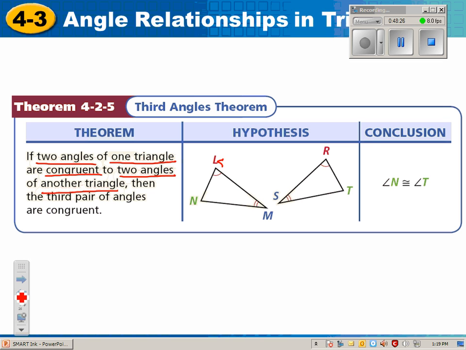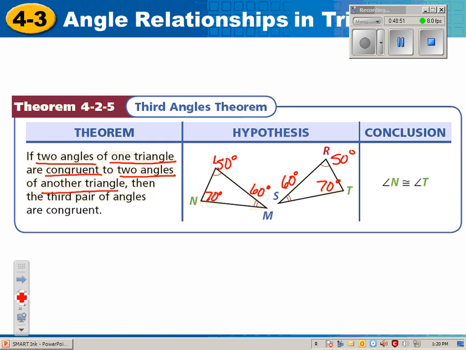Because if this one's 50 and this one's 60, together that's 110, and 110 from 180 is 70. So over here, if these are congruent, 50 and 60, then this one has to be 70. Third angles theorem says that it has to be congruent.